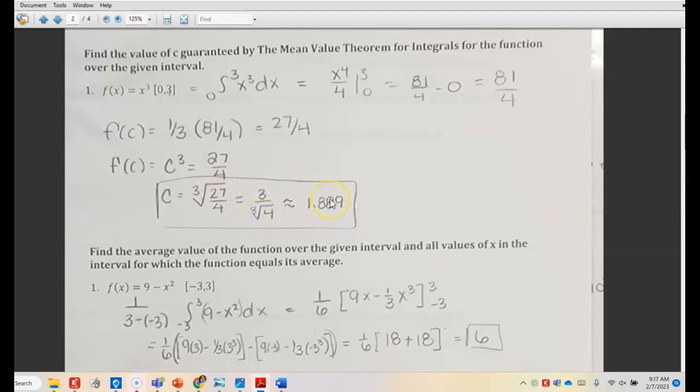Calculator gets you that answer to 3 decimals. Does that help with mean value, average value? So again, you integrate, you take the b minus a and divide it, because mean value means average. Average means taking the sum of all the parts and dividing by the number of parts. So here my number of parts is that b minus a.